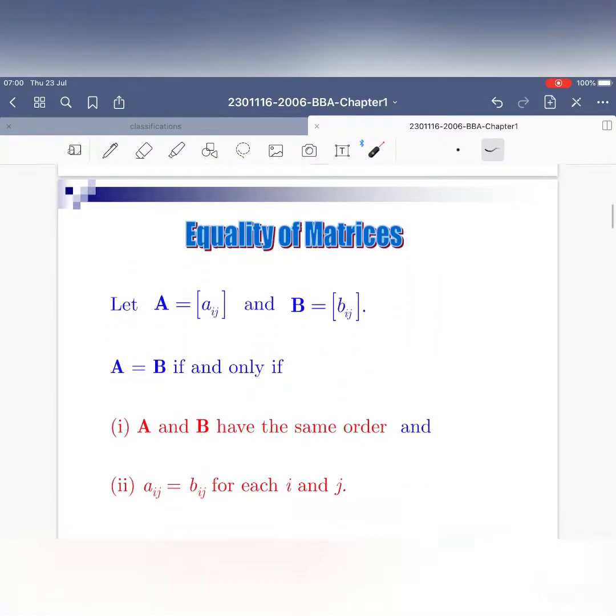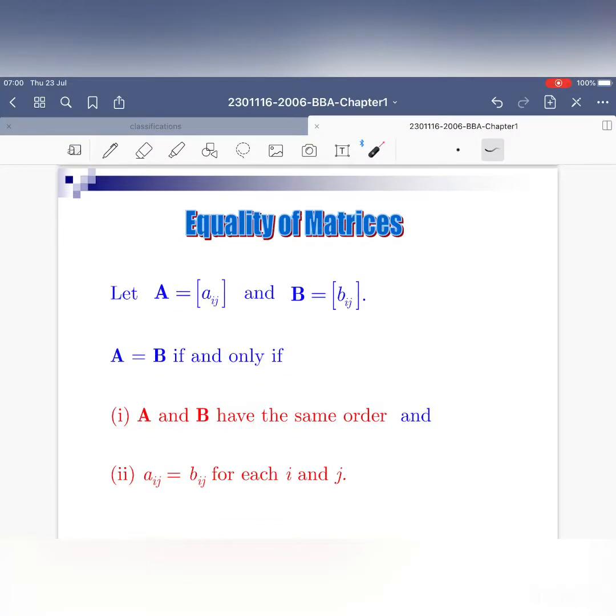So as you know what a matrix is, then you are going to compare matrices. By compare, the one thing you can do is only equality, whether two matrices are equal or not. So for example, if you are given matrix A and matrix B, your two matrices are going to be equal, of course, if they have the same form, right?